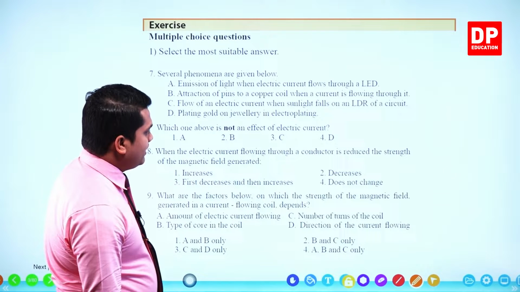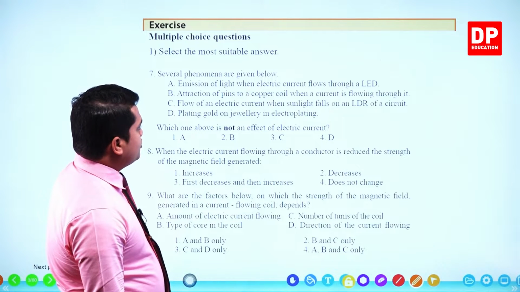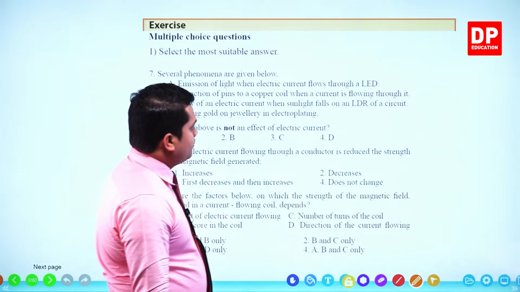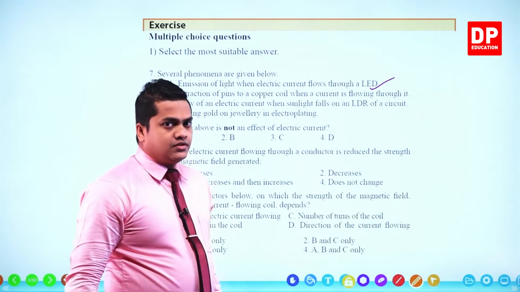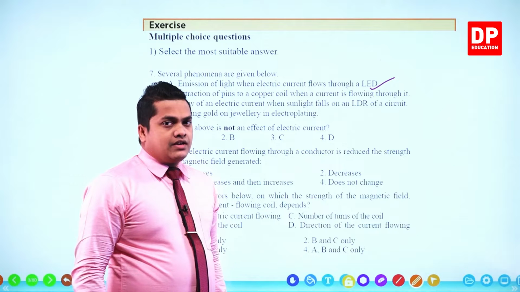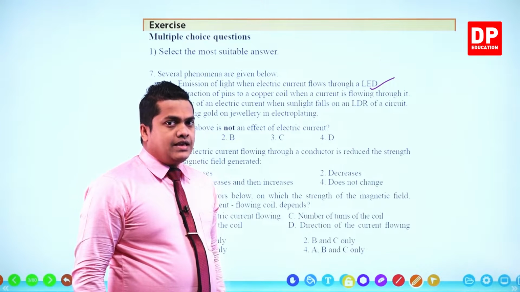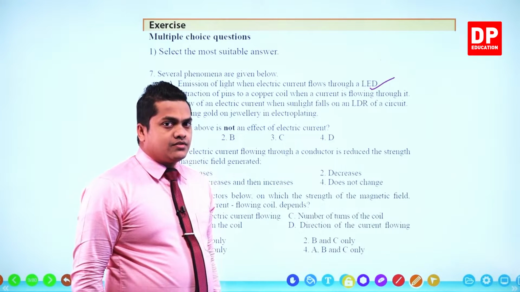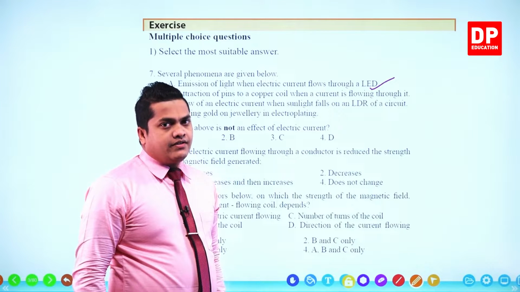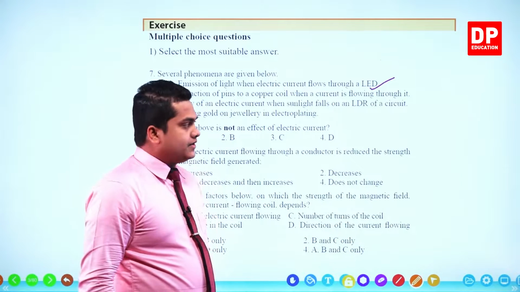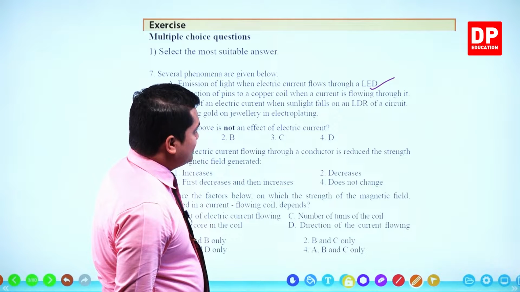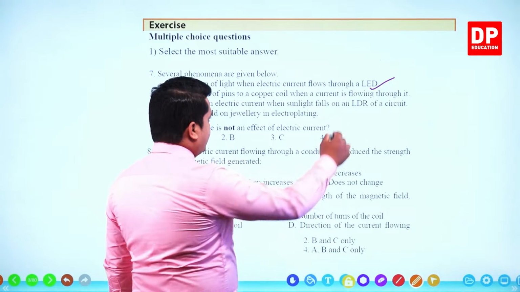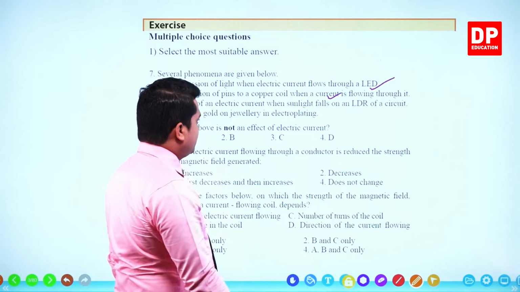So emission of light when electric current flows through an LED, correct. When electric current is flowing through an LED, you know that light is emitted. So it's the lighting effect given out by the electric current. Attraction of pins to a copper coil when current is flowing through it, that is also correct. This is the magnetic effect.